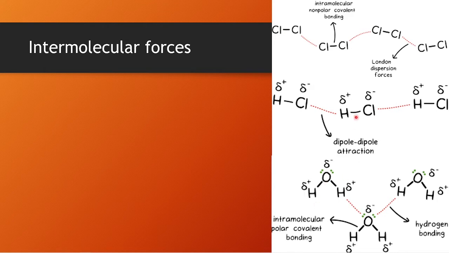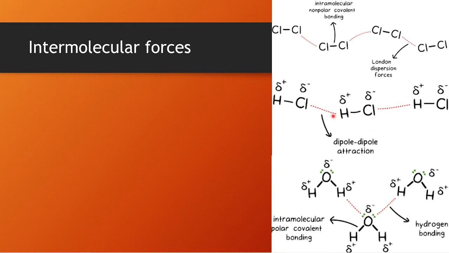Polar molecules have very, very slight positive or negative charges, depending on where the electrons are hanging out in that bond. So we've got a slightly positive and a slightly negative, which means that the electrons are hanging more around here than they are here. Because of that, anything that's slightly positive is going to attract anything that's slightly negative, and that's going to give you your dipole-dipole attraction.